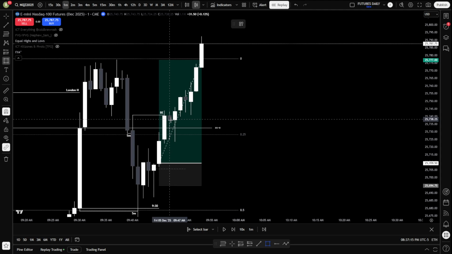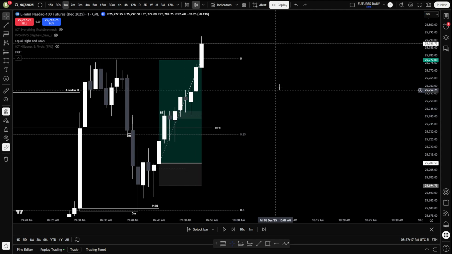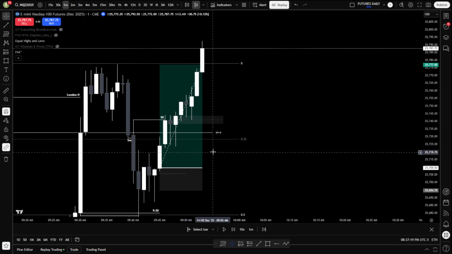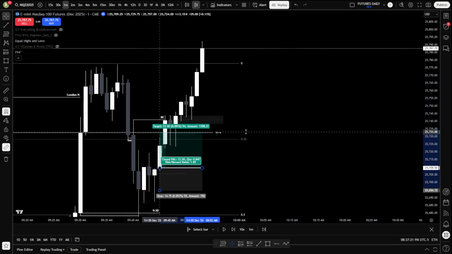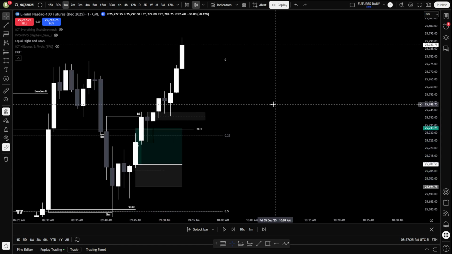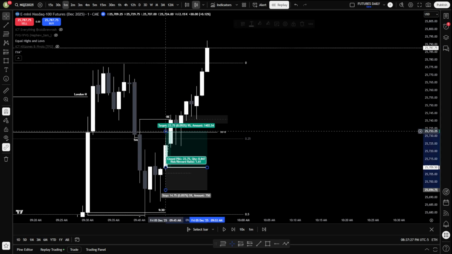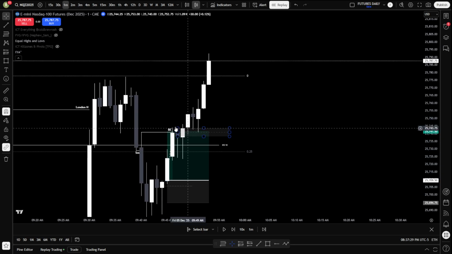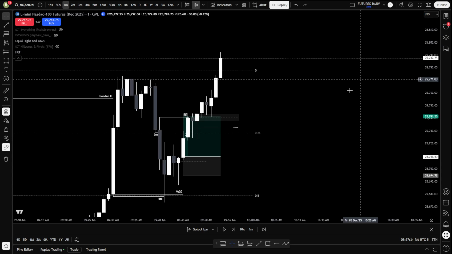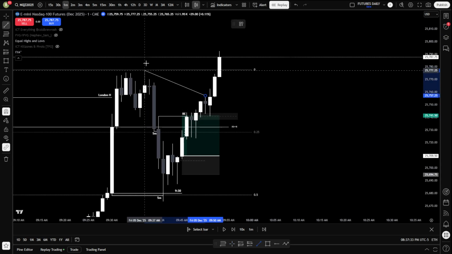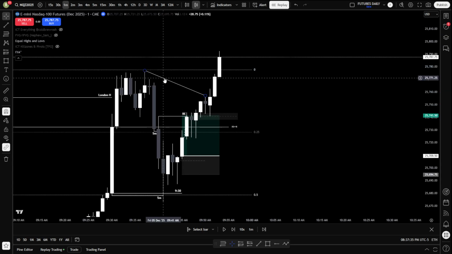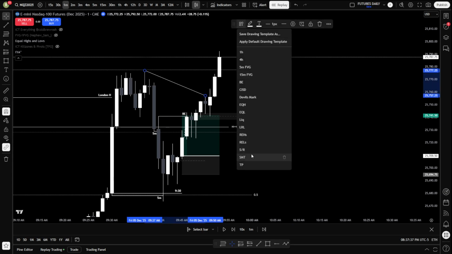We formed this 1 minute order block here, and I did not want to see price trade below this. So at this point, I had trailed my stop up to about a 1.5 R, which is about there. And then I started aggressively trailing as price went higher and higher because we had an SMT with ES somewhere like here. ES had reswept this high while NQ was still lagging behind.